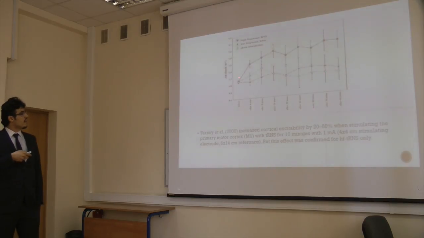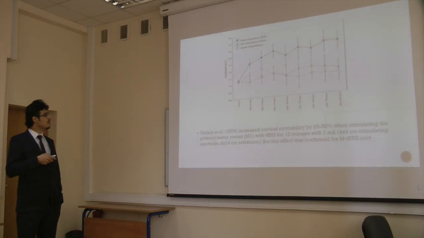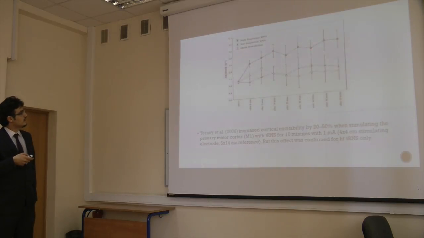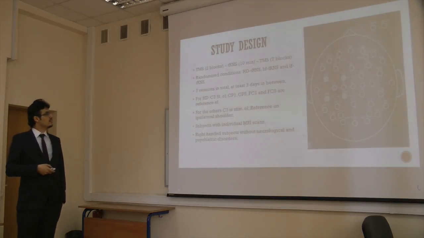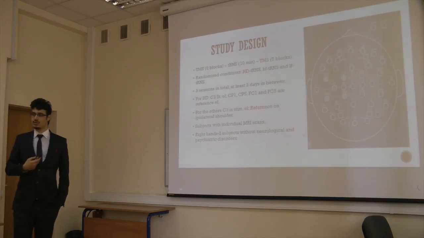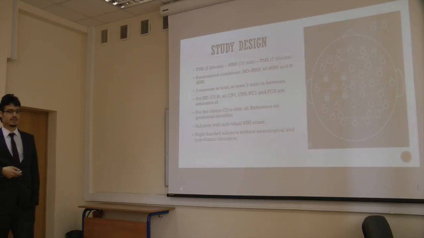As you can see, high frequency can increase the motor cortical excitability by up to 50%, but low frequency doesn't do anything. So by this idea, we used low frequency as our control condition, and we want to compare HD TRNS, conventional TRNS, and low frequency TRNS.